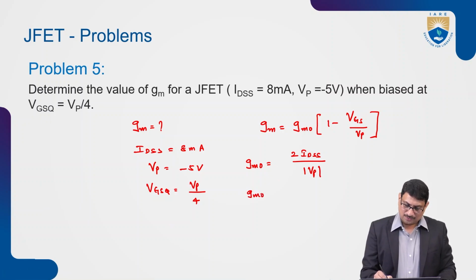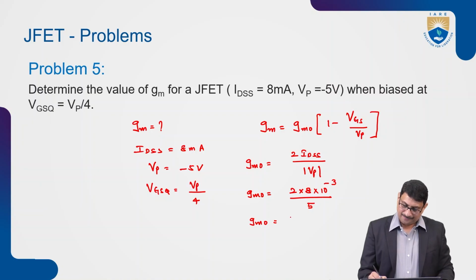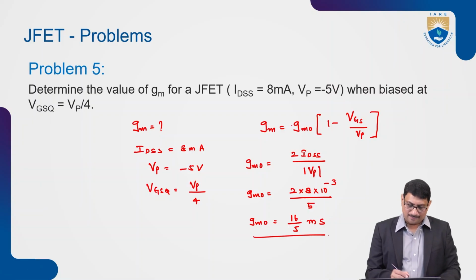GM naught equal to 2 IDSS, 2 into 8 milliamperes, 2 into 8 into 10 power minus 3, divided by the magnitude of VP, which is 5. So GM naught equal to 16 divided by 5 millisiemens.